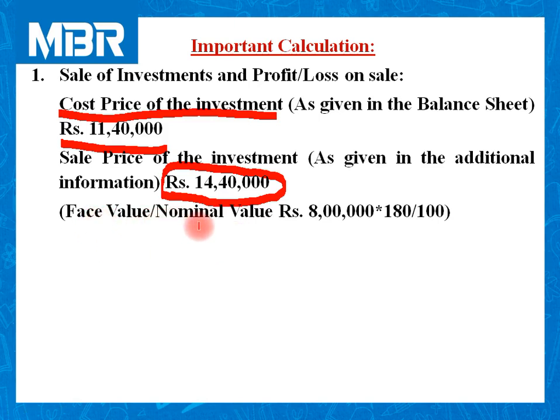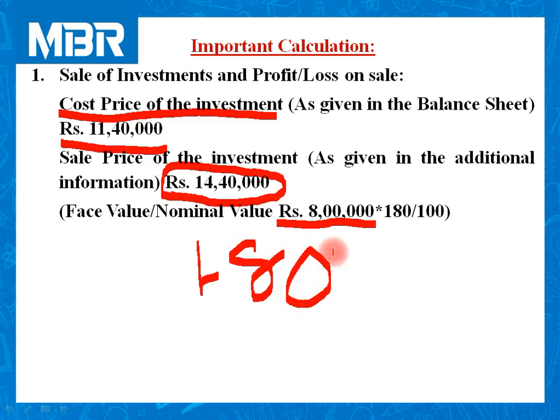Face value or nominal value of this investment is rupees 8 lakhs. It is given in the bracket of investment on the asset side of the balance sheet. And in additional information, it is given that investments are sold at a rate of rupees 180. Here, this 180 is by default applicable for 100 rupees.